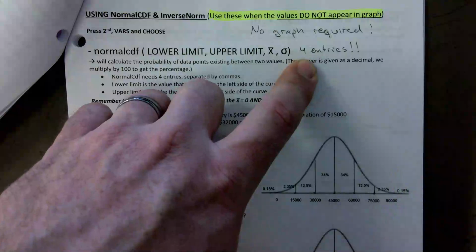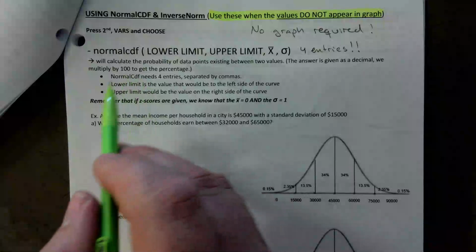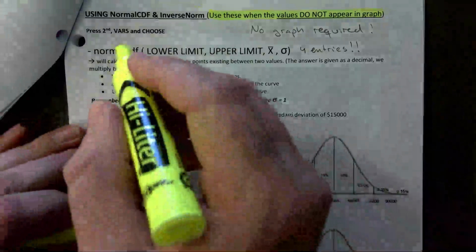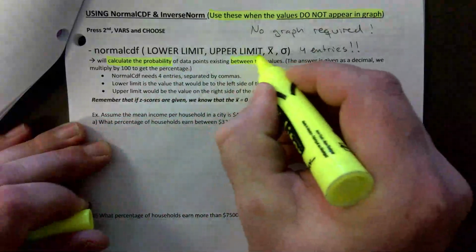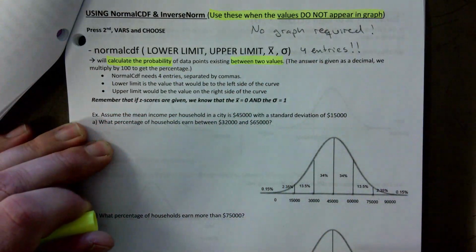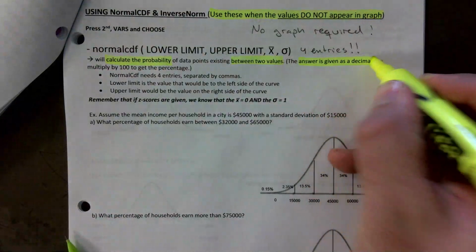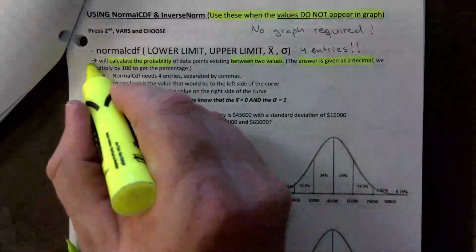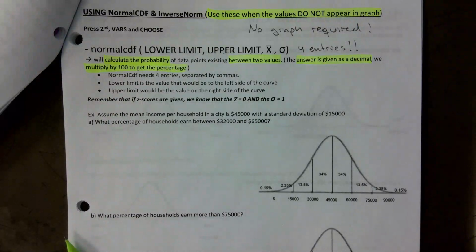If you don't give it 4 entries, it's not going to do it for you. Okay. What does it do? It calculates the probability between the two values. However, the answer is given as a decimal. We multiply by 100 to get the percentage, so you need to make sure you understand that.